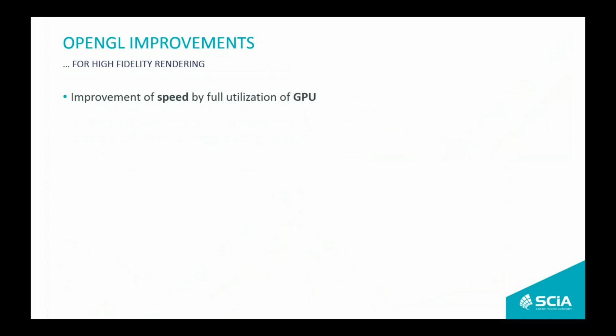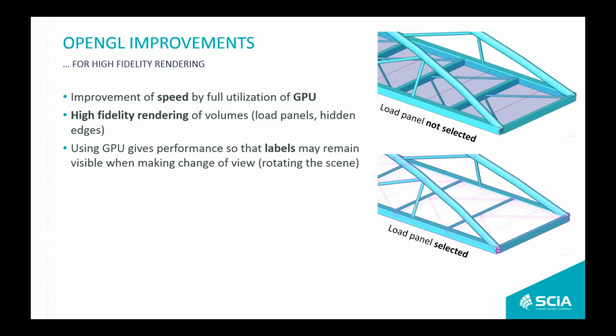What it also allows you to do is utilize your graphical card to get better and high fidelity rendering of volumes, and also speed improvement based on using the highest possible graphical settings available for SCIA Engineer. Here I have two comparisons of the load panels and how they are visible when selected.